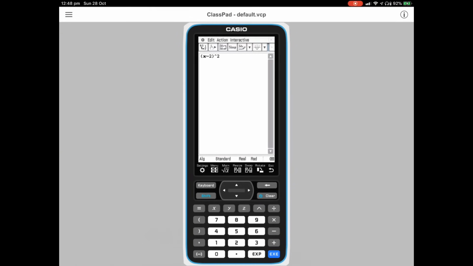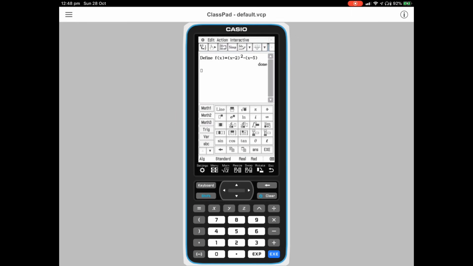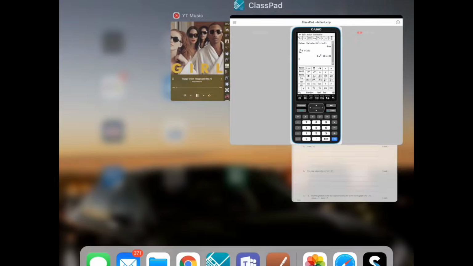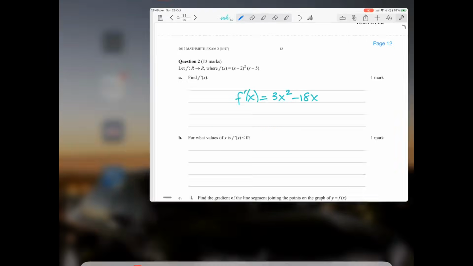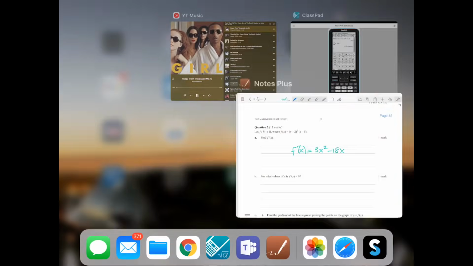X minus 5. Define that as f of x. Derive it. I think that's what it said. 3x squared minus 18x plus 24.